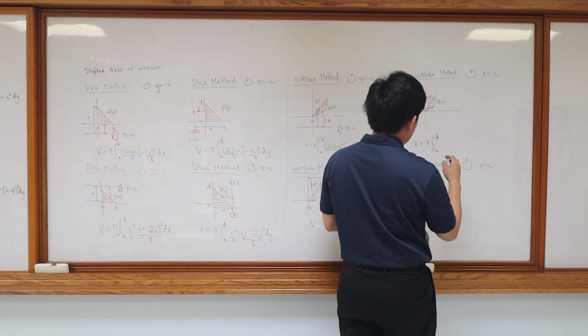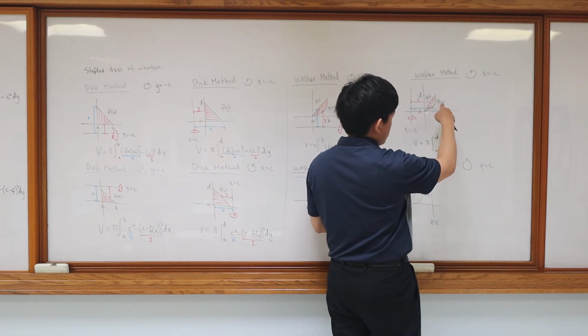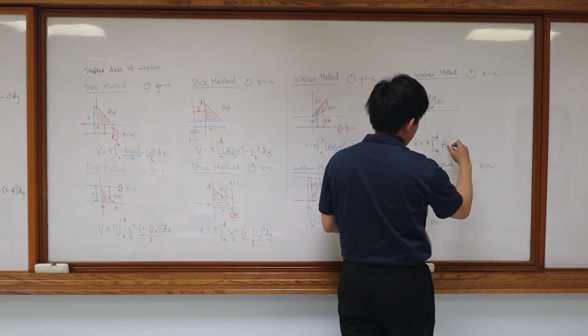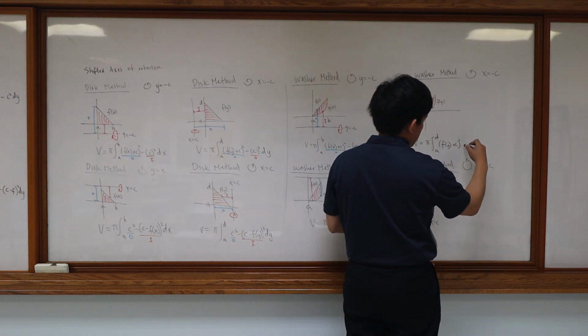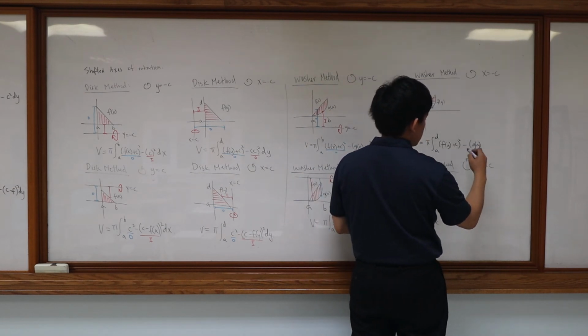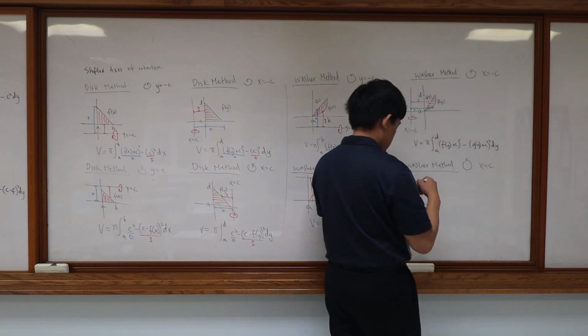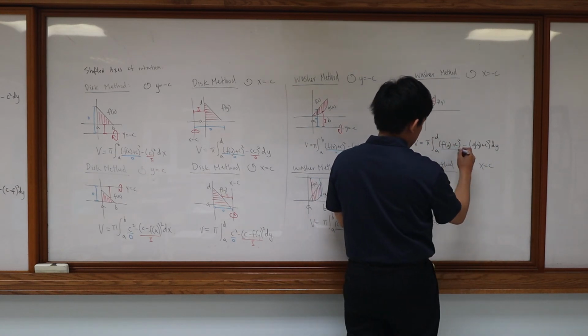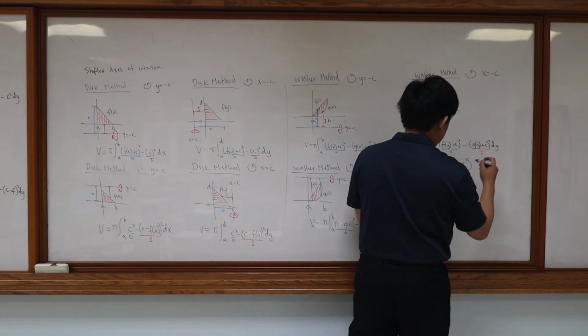And then what we have next here is f of y minus c, minus c, which makes it plus. And then we have the inner radius, which is g of y minus c, which again is plus c in this case, dy. And then we have our outside function, and then we have our inside function.